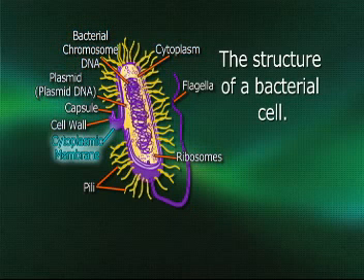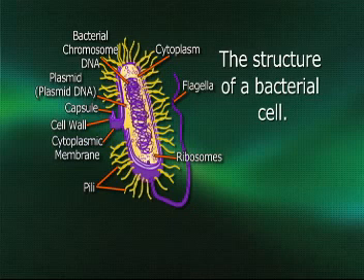The cell membrane is a sac-like structure that encloses the contents of the cell. It also acts as a barrier to hold nutrients and other essential components of the cytoplasm within the cell.